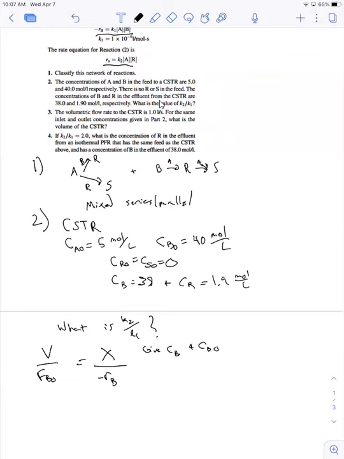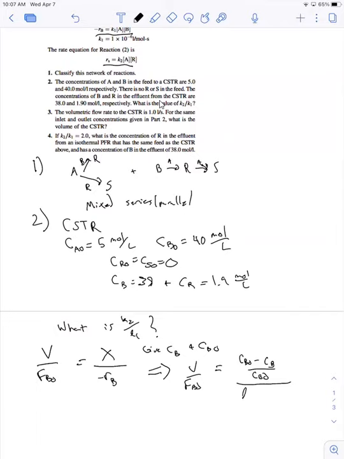Normally we would use this to calculate X, but we're given CB and CB naught, so we actually know the extent of reaction. So we want to convert this to be in terms of the concentrations. So X is going to equal CB naught minus CB divided by CB naught, and that's just the value of conversion.